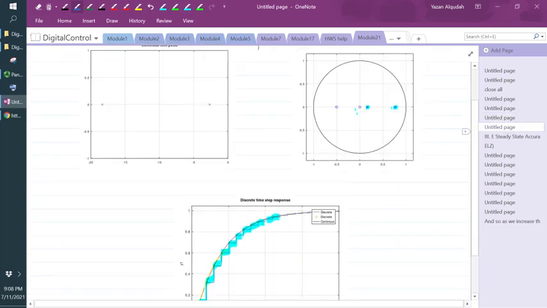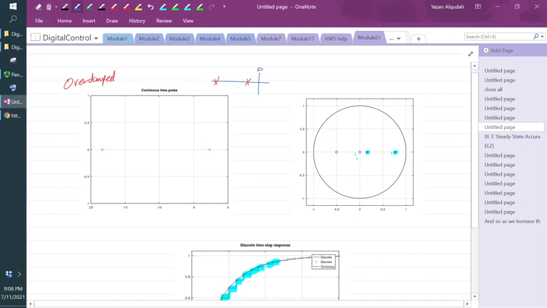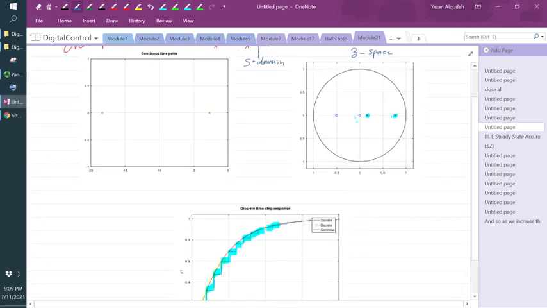And an overdamped response where we have poles that are on the real axis, this is the S domain, and this results in two poles that are along the real axis within the unit circle. This is in the Z space. And this is overdamped.